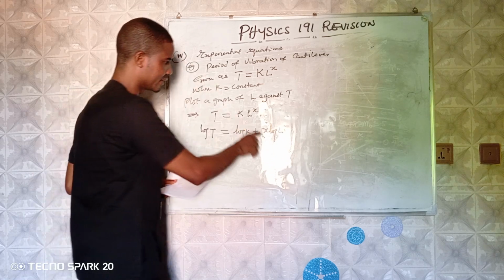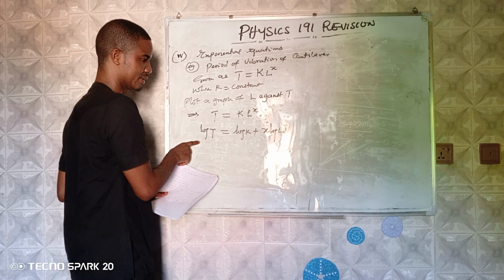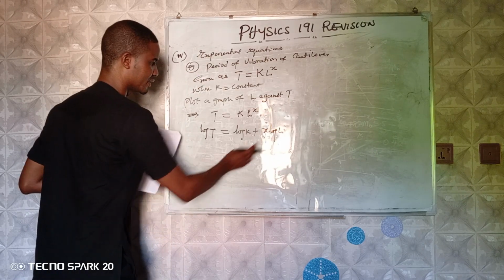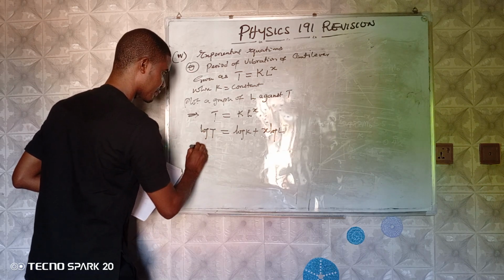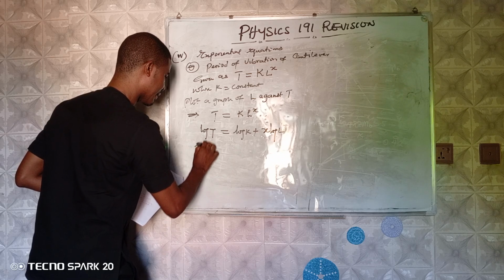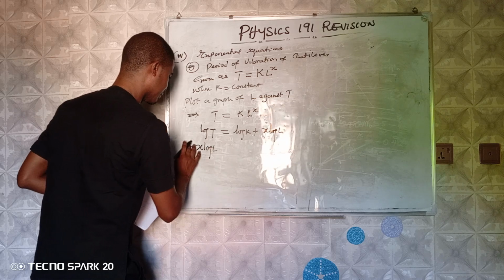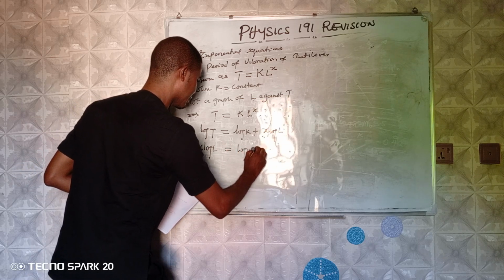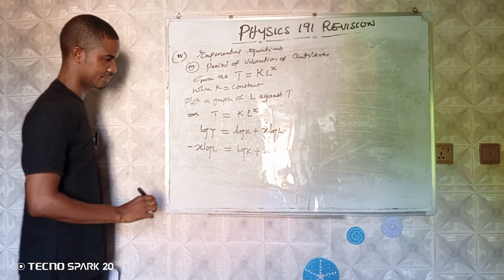Since I'm plotting a graph of L against t, this L should come here, while this t should go here. So I'm going to be having minus x log L equals log k minus log t. Are you following that?